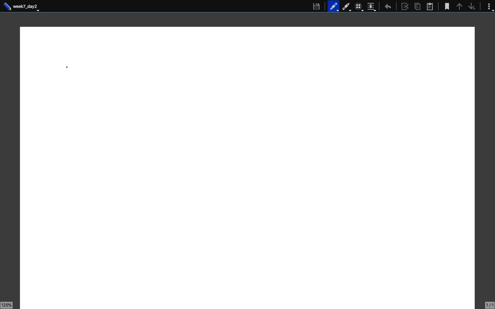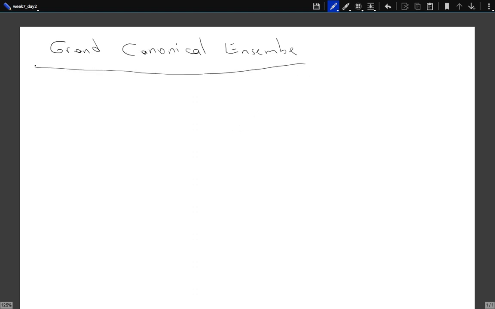Now today we will be starting grand canonical ensemble. You see, we had started from the microcanonical, in which we basically assume that our system is isolated, so that N is constant, E is constant.